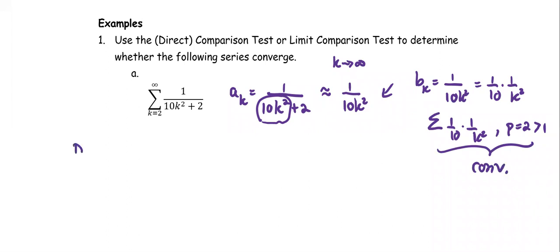We know that this series converges. For the direct comparison test, to compare with the convergent series, the b_k term on the right hand side must be greater than or equal to the a_k term on the left hand side for k greater than or equal to 2.